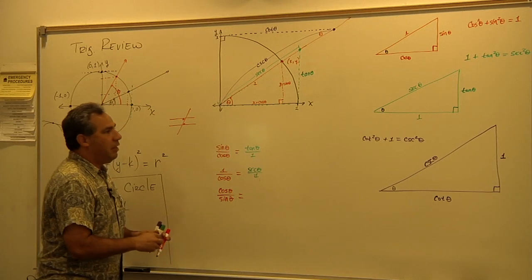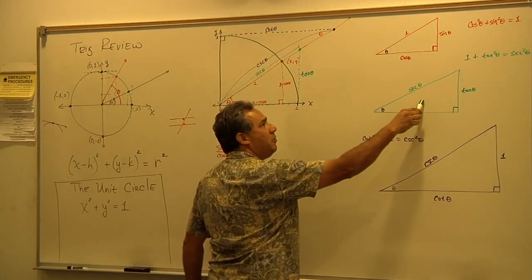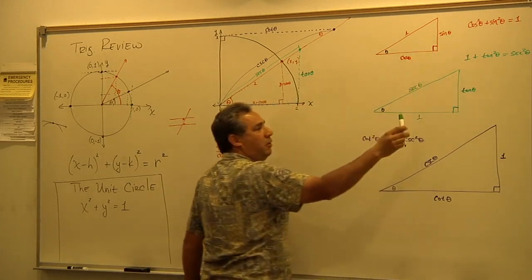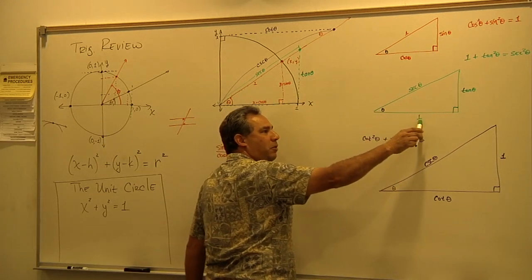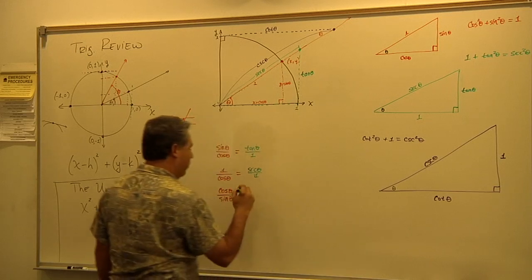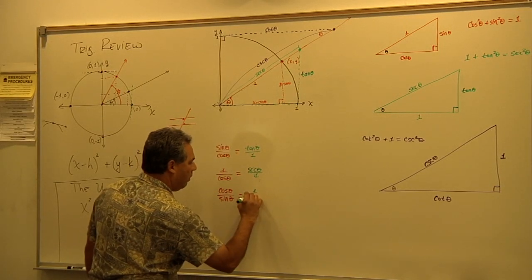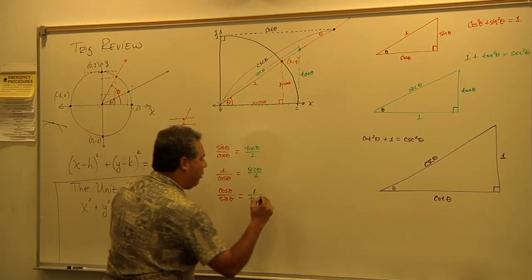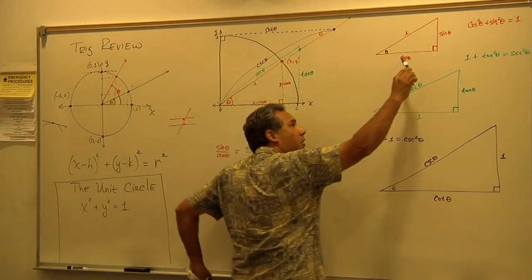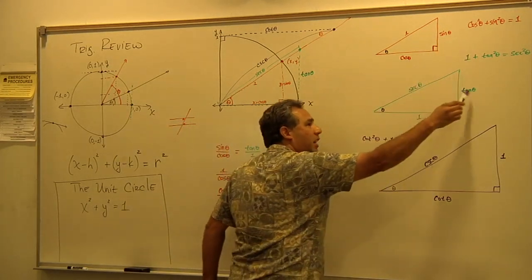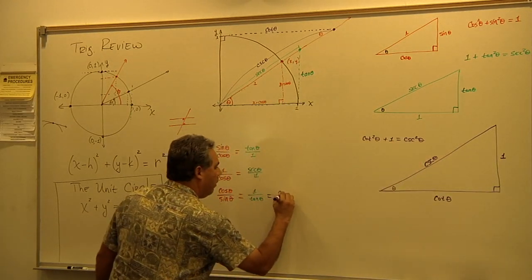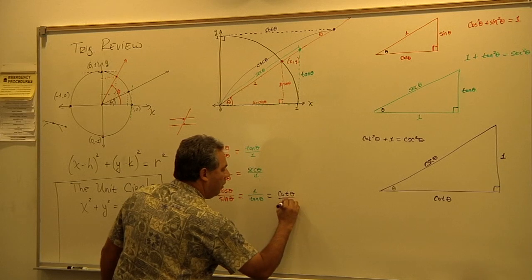Cosine over sine has to equal 1 over tangent. And looking at our third triangle, that is cotangent over 1.